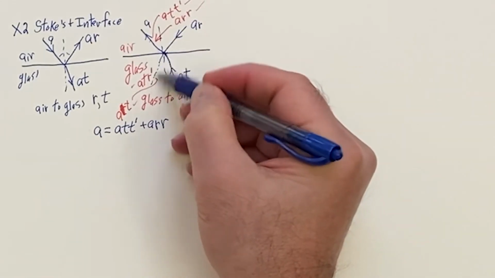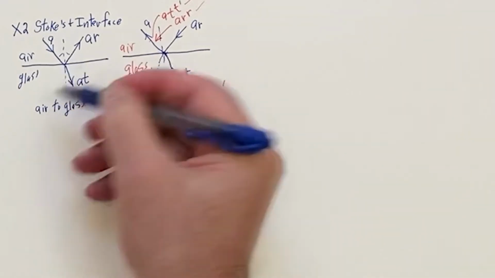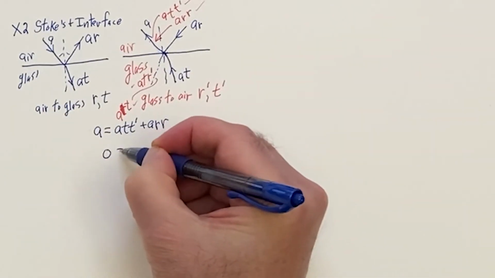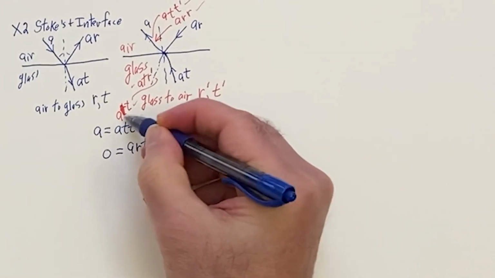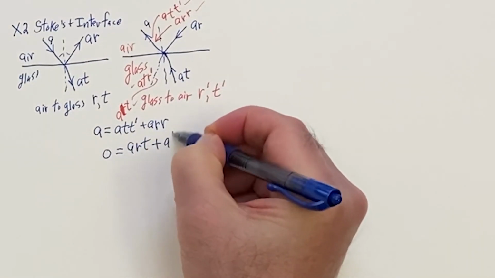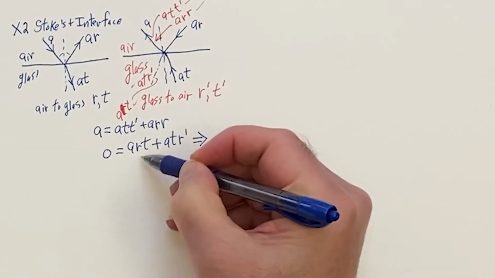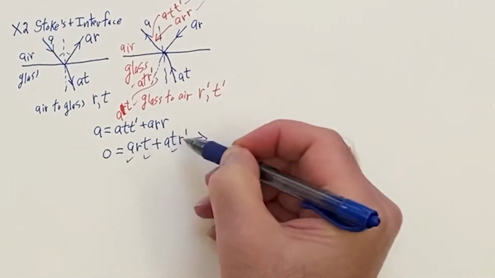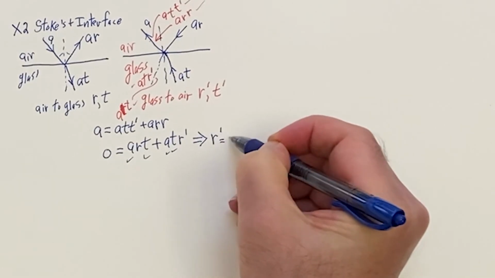And then this one here is also expressed in two ways. It's going to be 0, but it's also expressed as ART plus ATR prime. Now this one immediately gives us, since the T's are going to cancel out and the A's are going to cancel out, R prime is minus R.